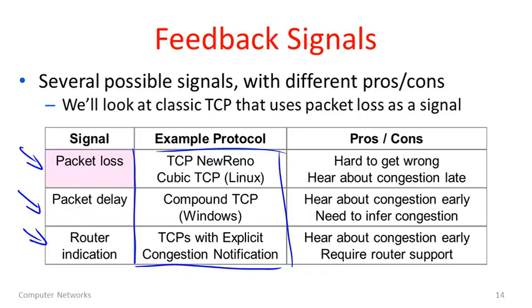And finally, using a scheme we'll look at called explicit congestion notification, TCP can use router indications of congestion. So there are all sorts of different congestion designs. Okay, but our point for right now is about the AIMD scheme, and shortly we'll look at how TCP goes about realizing AIMD.